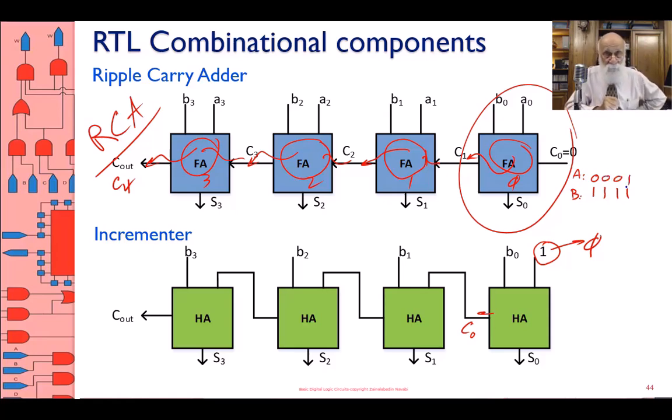What happens is these two create a carry into this. These two create a carry into this. These two create a carry into this. These two create a carry, and this becomes the carry out. What it means is that for this particular input, you have to wait for the carry from the rightmost bit to ripple all the way to the left before you can count on the output. Ripple carry adders are slow.